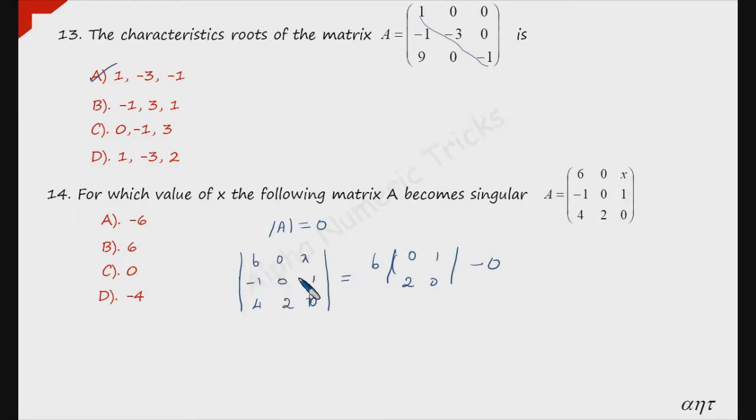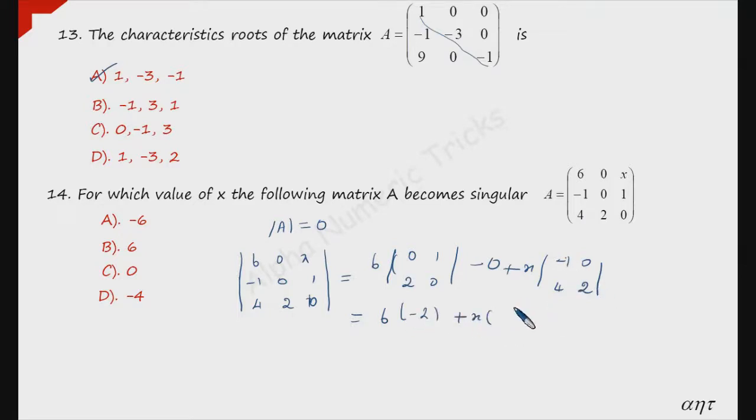And then plus x into the next determinant, the remaining terms minus 1, 0, 4, 2. So 6 into 0 minus 2, plus x into minus 2 minus 4, that is minus 2 alone.